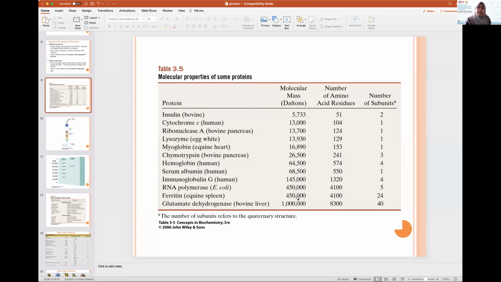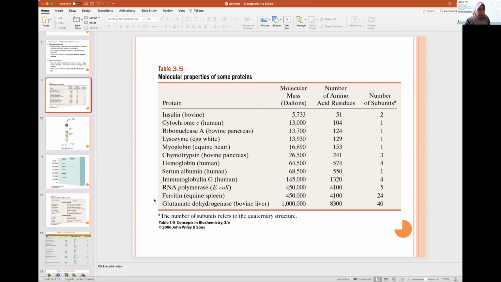The second are RNA polymerase and ferritin. It is hard to differentiate them if they run together. One million Dalton is okay because it will be at the top, but ferritin and RNA polymerase are similar in size, so they will overlap exactly at the 450 kilodalton marker.